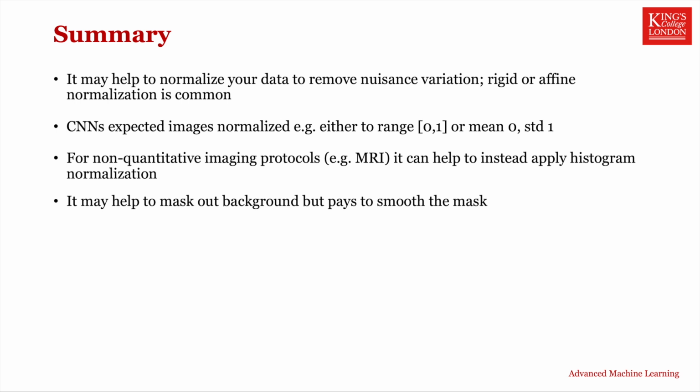CNNs require normalized images. Typically, the approach is to divide through by the maximum intensity to return a range 0 to 1 or to standardize to mean 0 with a standard deviation of 1. However, for non-quantitative imaging protocols such as MRI, it may be better to instead perform histogram normalization, especially for data sets acquired across multiple scanners.